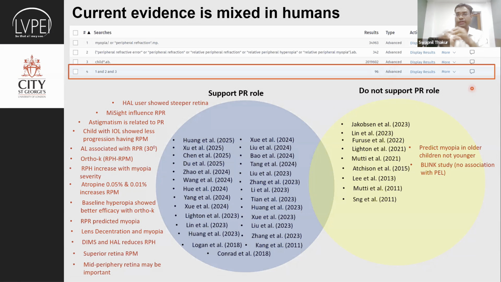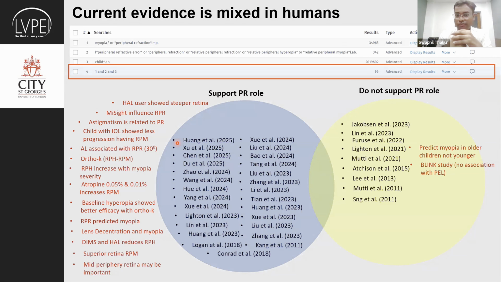So what I have tried here is that I have grouped a few of the articles which supported the theory of peripheral refraction, and a different group of studies which do not support the peripheral refraction theory. If you see this Venn diagram, in the blue portion you see that there are lots of studies which have supported that there is a role of relative peripheral refraction.